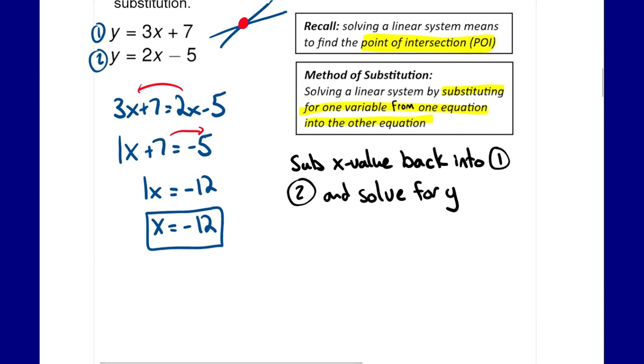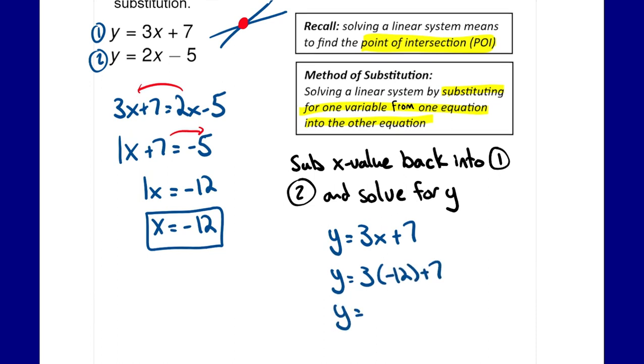It doesn't matter which one we pick, it's going to give us the same answer either way. So I have y equals, let's do the top one, 3x plus 7. Y equals 3 times negative 12 plus 7. Y equals negative 29.